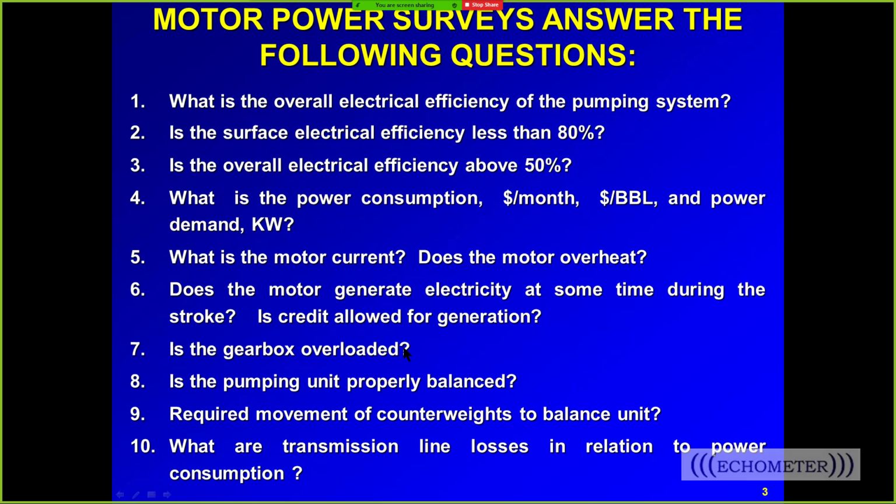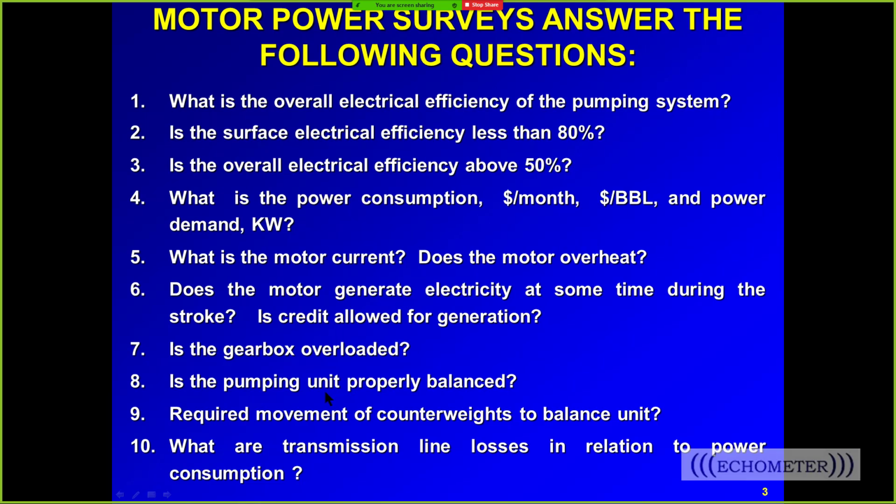We see the kW and gearbox torque are directly proportional, and we can calculate if the gearbox is overloaded, and we'll talk about that. We can see where to move the weights to minimize the power required to lift the rods and the power required to lift the weights, and properly balance the loading on the gearbox.